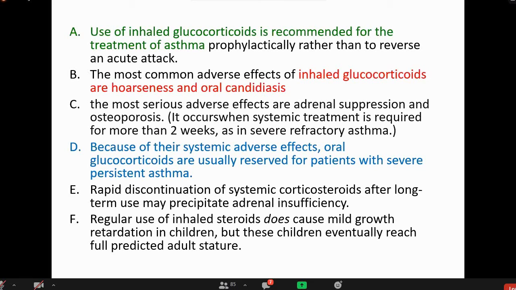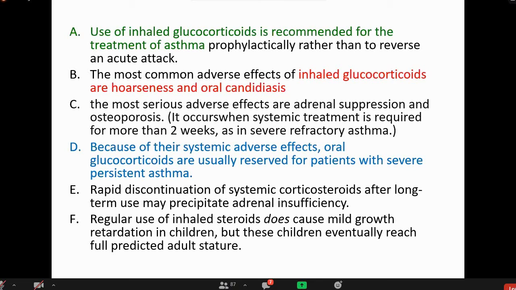When we use a drug prophylactically or as long-term control medication, the inhaled glucocorticoid group is the group of first choice. So again, use of inhaled glucocorticoids is recommended for the treatment of asthma prophylactically rather than to reverse an acute attack. When the patient is stabilized, we prescribe inhaled glucocorticoids to avoid future attacks of asthma.